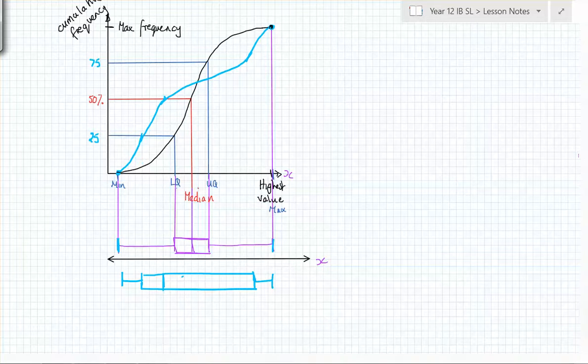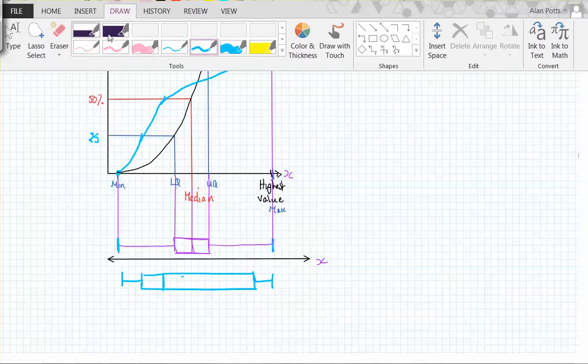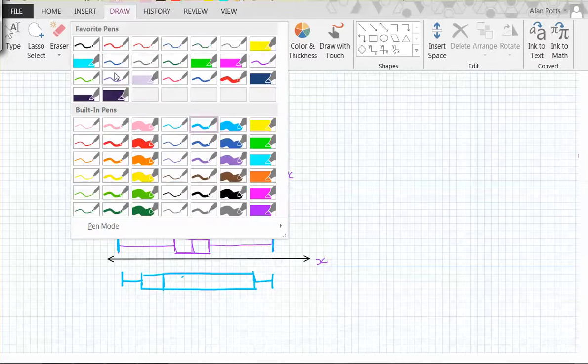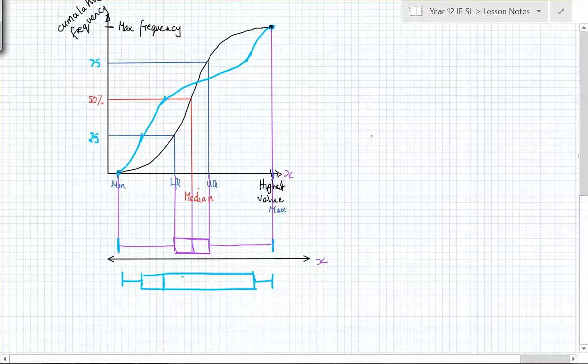Okay. I'm going to ask you to sketch some things for me. I would like you to sketch 3 cumulative frequency curves for maths results, for different situations.